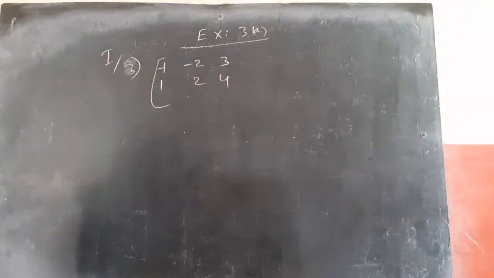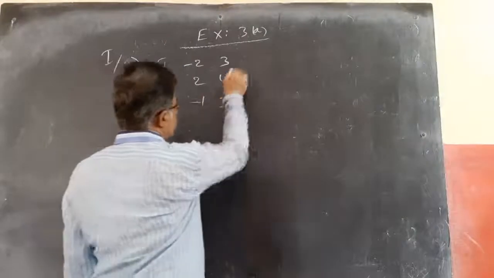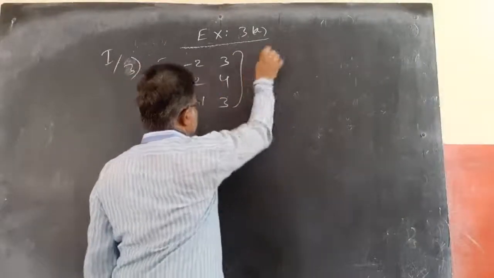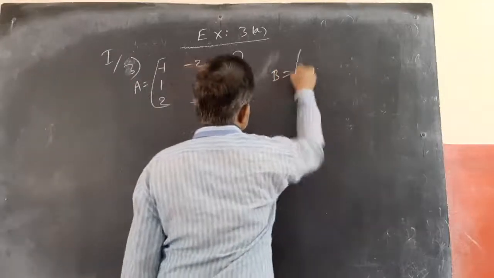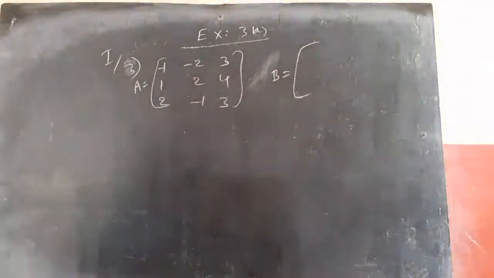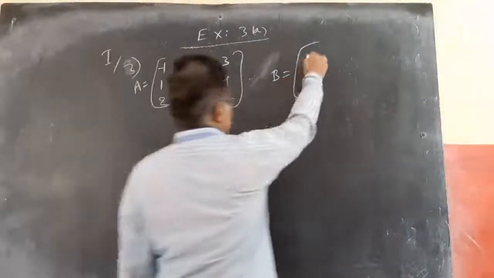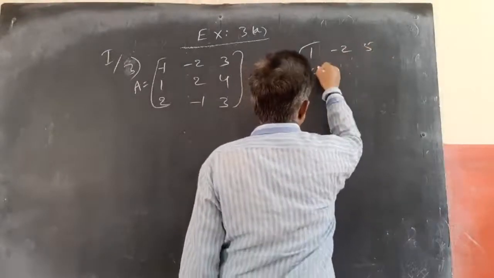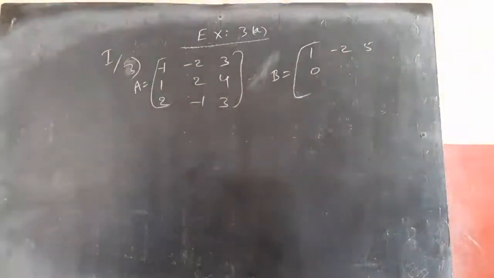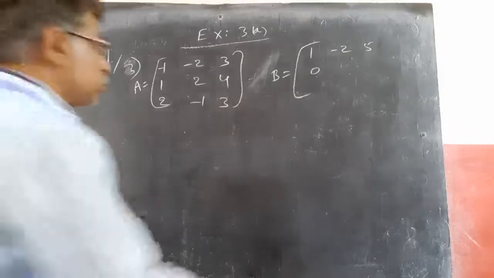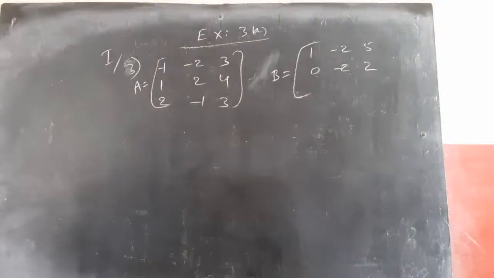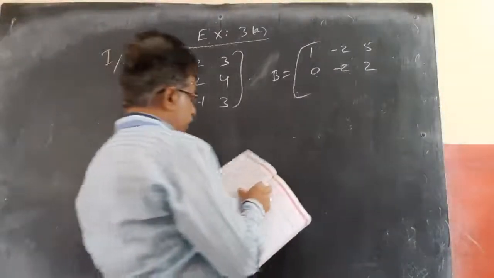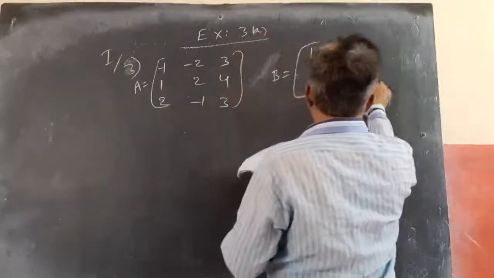Next, 2 minus 1, 3. This is A. And B is equal to 1 minus 2, 5; 0 minus 2 2; 1 2 minus 3.